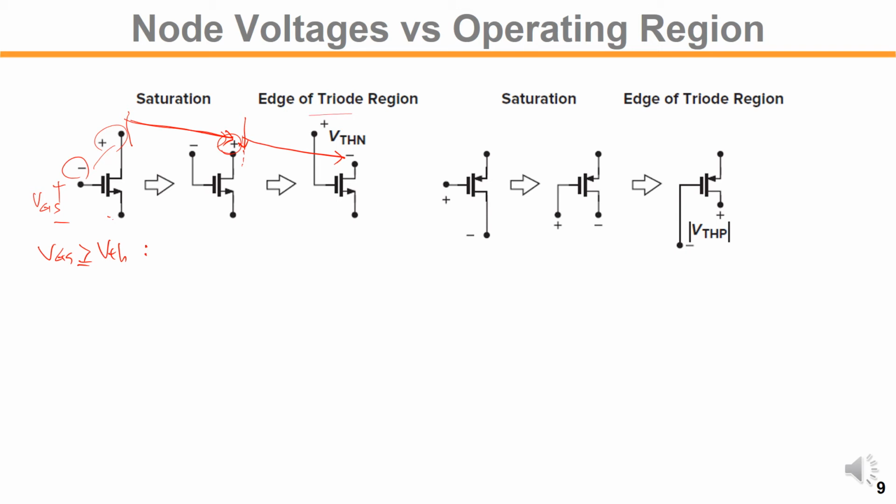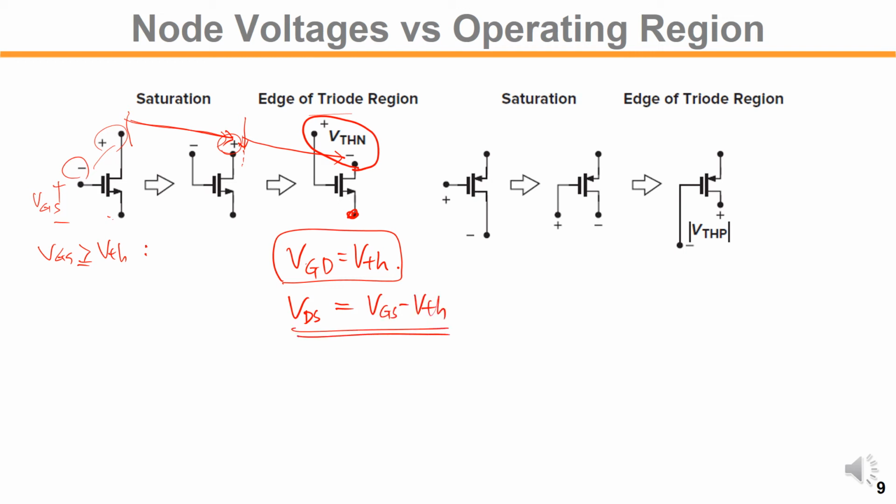At the boundary of triode and saturation, the voltage difference between gate and drain is only VTH, so VGD is VTH at the boundary, right? This means VDS is equal to VGS minus VTH.